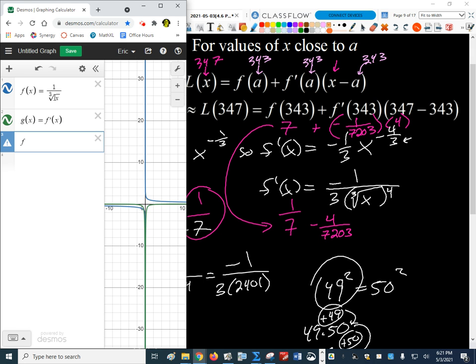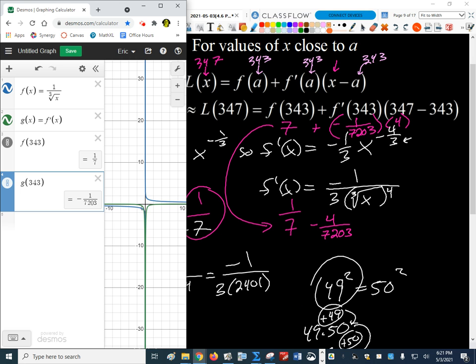F of 343 is 1/7. There it is. And I can turn that into a fraction. G of 343 is negative 1 over 7203. Yeah, so we were right.